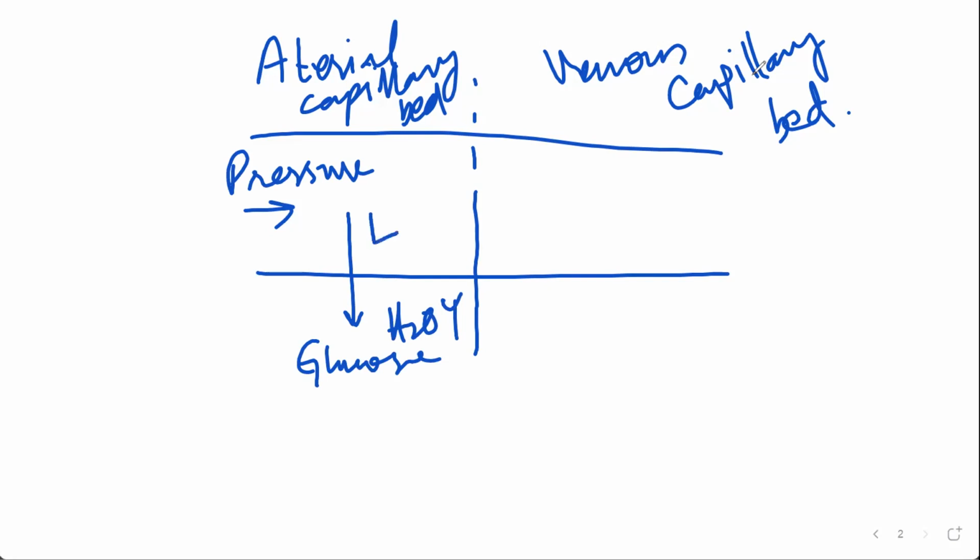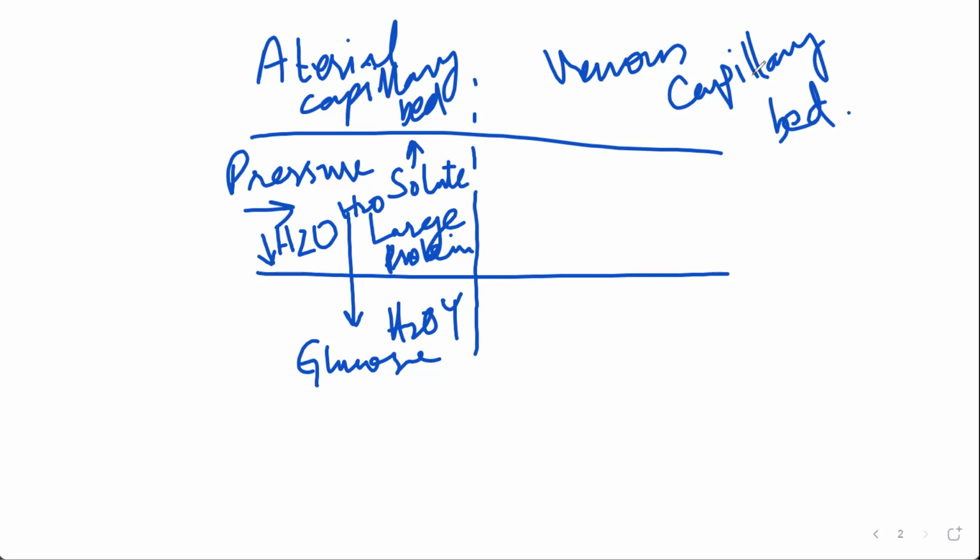And as large proteins are still back in the bloodstream, तो क्या होगा, यहाँ पर सल्यूट ज्यादा हो गया ना, यहाँ पर सल्यूट का पोटेंशियल बढ़ गया, and the water potential will drop. Why? Because the water has come out with some dissolved substances, and those substances are very small.